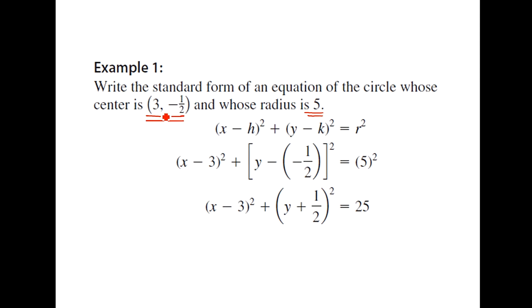Just put the 3 on the h and minus half on the k, and for r we need the square of 5. So directly we can put x minus 3 square plus y plus half square, equal the square of 5, which is 25. It's very easy, I think.